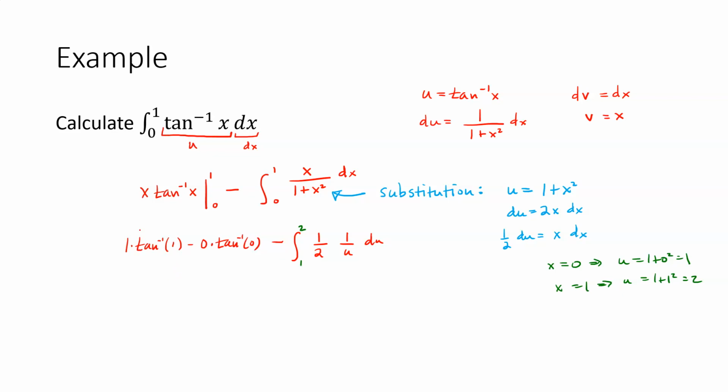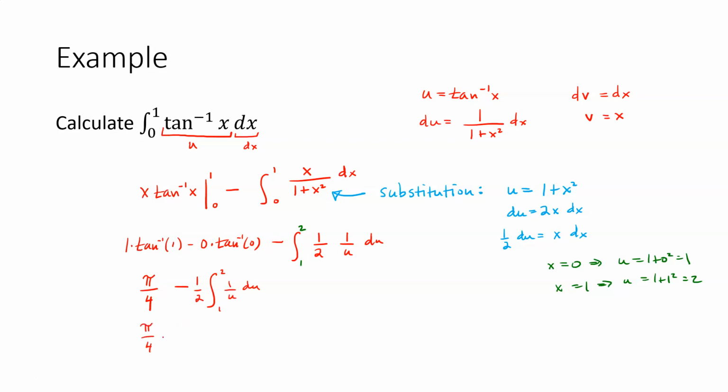We've got the 1 times tan inverse of 1. We remember tan inverse of 1 is pi over 4. Tan inverse of 0 is 0, so of course it's times 0 as well. And here we'll have 1/2 integral from 1 to 2 of 1 over u du.